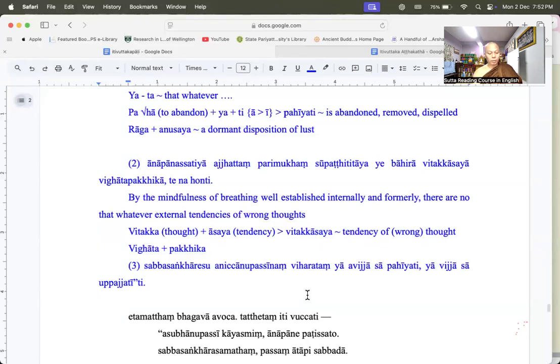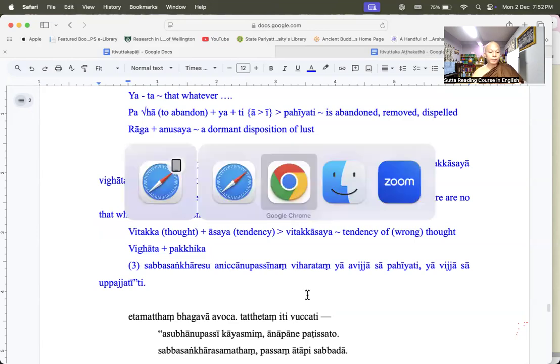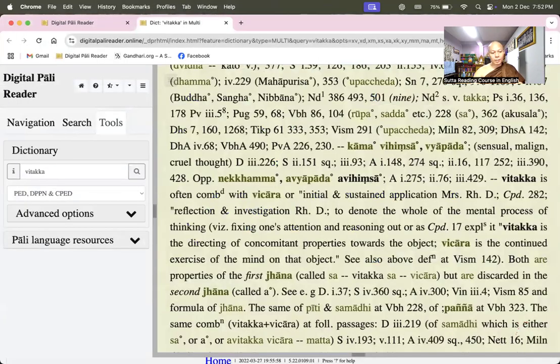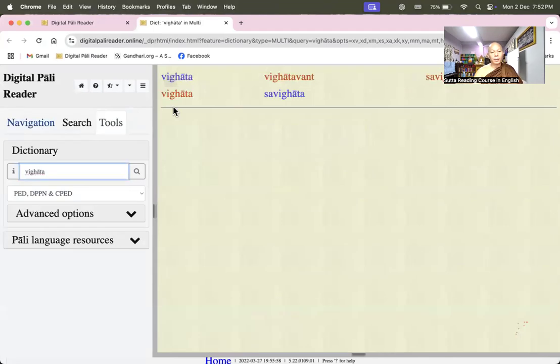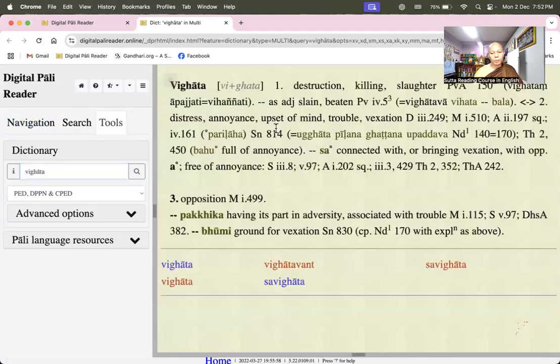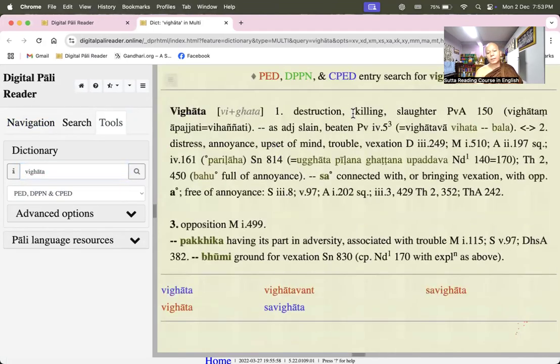So we have that vighatika, having its part in distress, or associated with trouble.